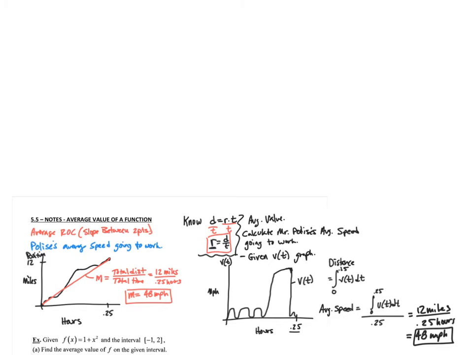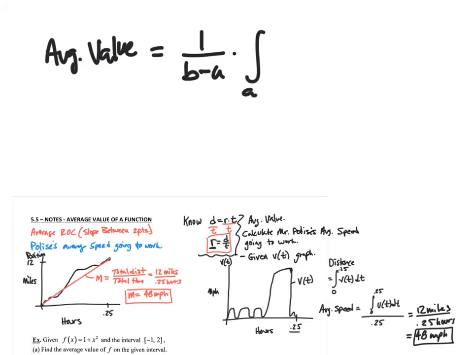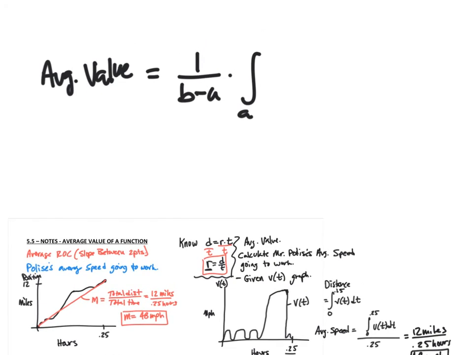But we have this thing called the average value of a function, and I need you to find a place to put this. I'm going to write this up here: the average value is equal to 1 over b minus a times the integral from a to b of f of x dx, okay?